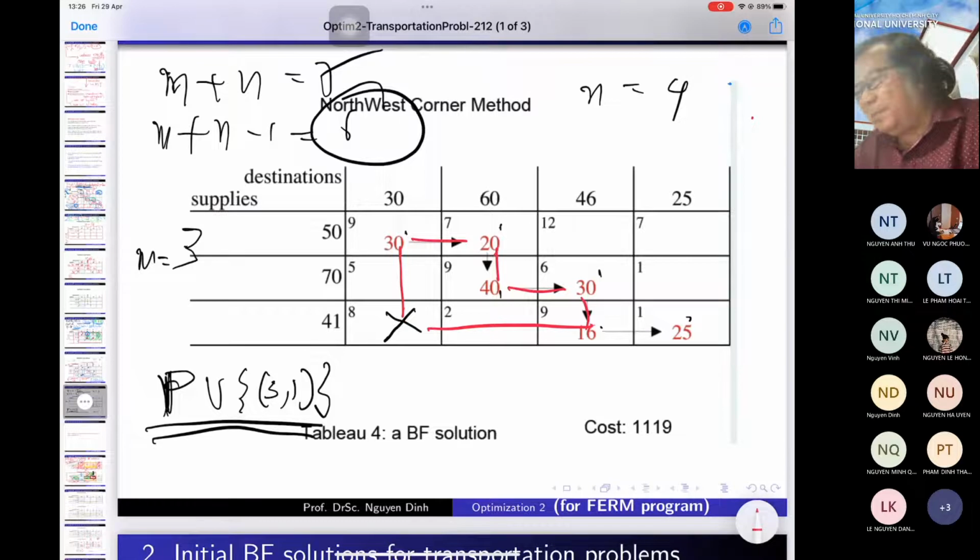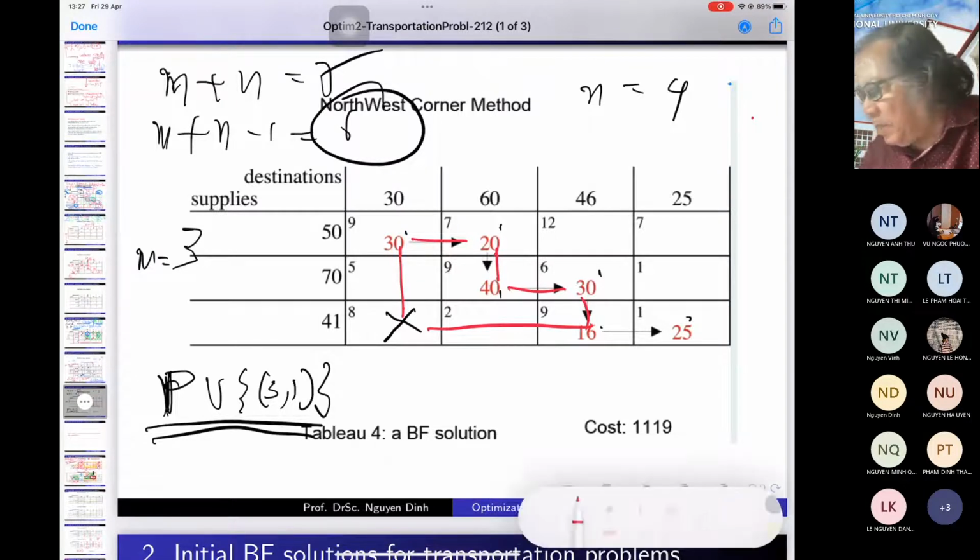Okay, and in the network you have a cycle and you need the orientation in the cycle, following the direction of the entering arc. But now, for this one, we don't have the direction, but we have the plus cell and minus cell.